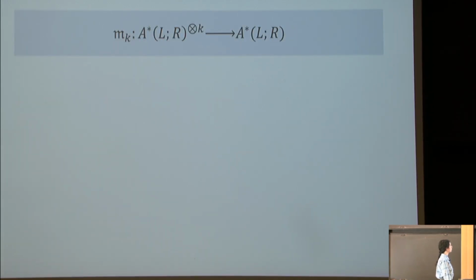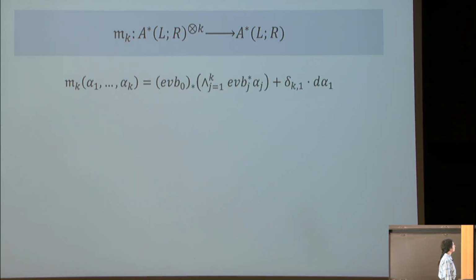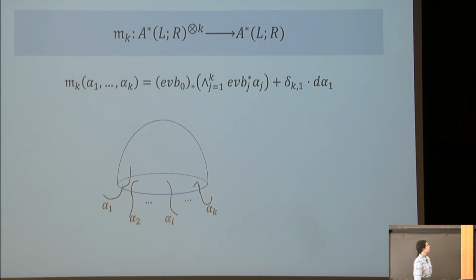Let me tell you about this equation a little bit more so that you see what kind of connection there is between the bounding chain and disk bubbling. We have those operations on, I'm writing everything in differential form language, but if you're uncomfortable with differential forms, feel free to think just submanifolds of L. It's an operation that eats submanifolds of L and spits out a submanifold of L. What it eats are those alphas, the constraints that you impose on marked points on the disk.